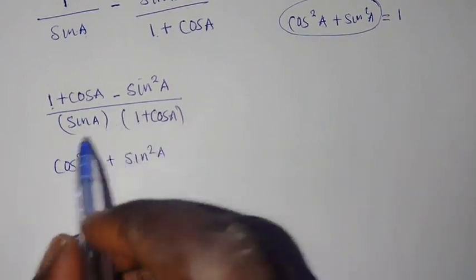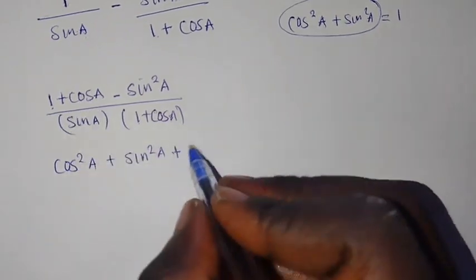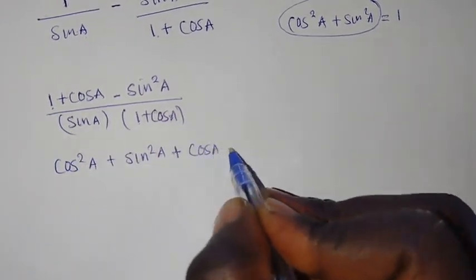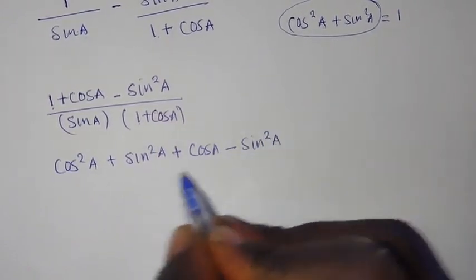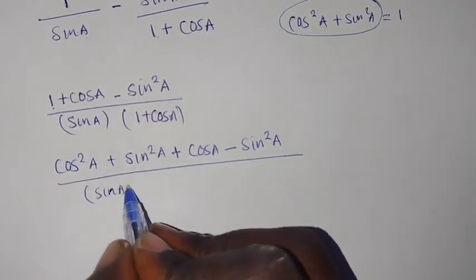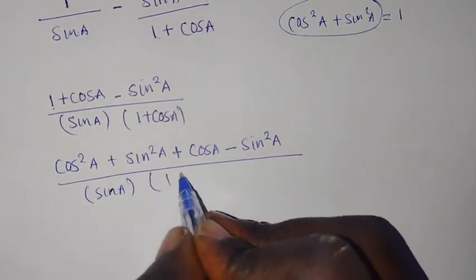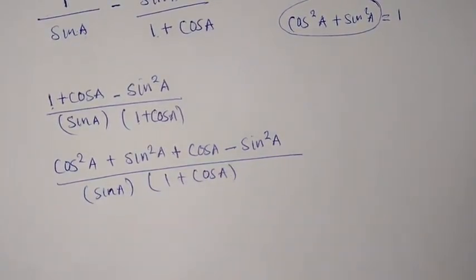Then plus, we can see there is a cos A right here, cos A minus sine squared A, over sine A in brackets, again 1 plus cos A. I hope you are following.